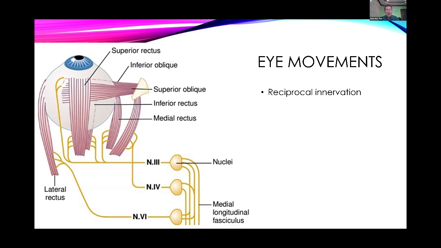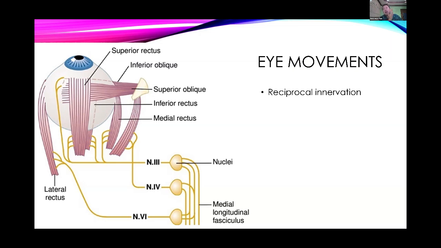But look, I told you I am stimulating my cranial nerve 6 because my cranial nerve 6 of the right eye is being stimulated. But how come the lateral rectus of my left eye is not pulling it to the opposite? Because the medial longitudinal fasciculus will tell the cranial nerve 6 of the right eye to contract so it can look to the left.